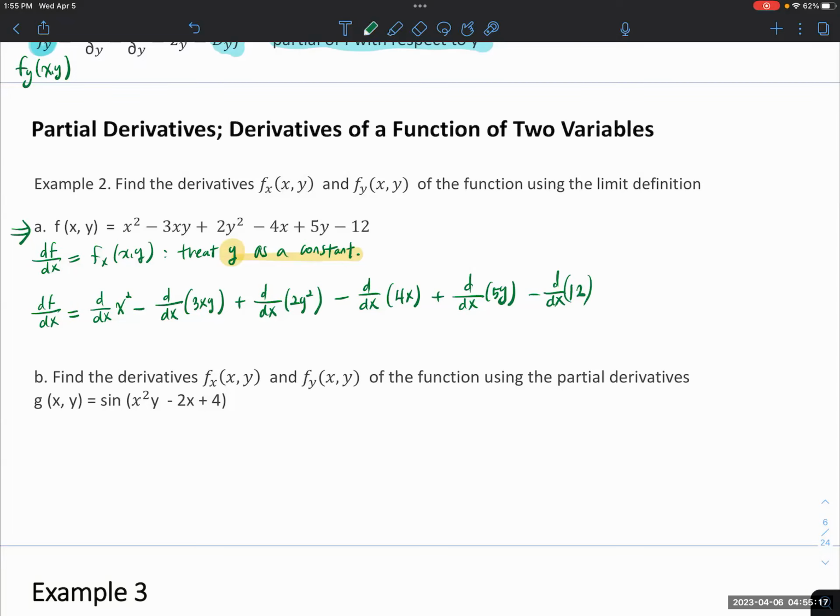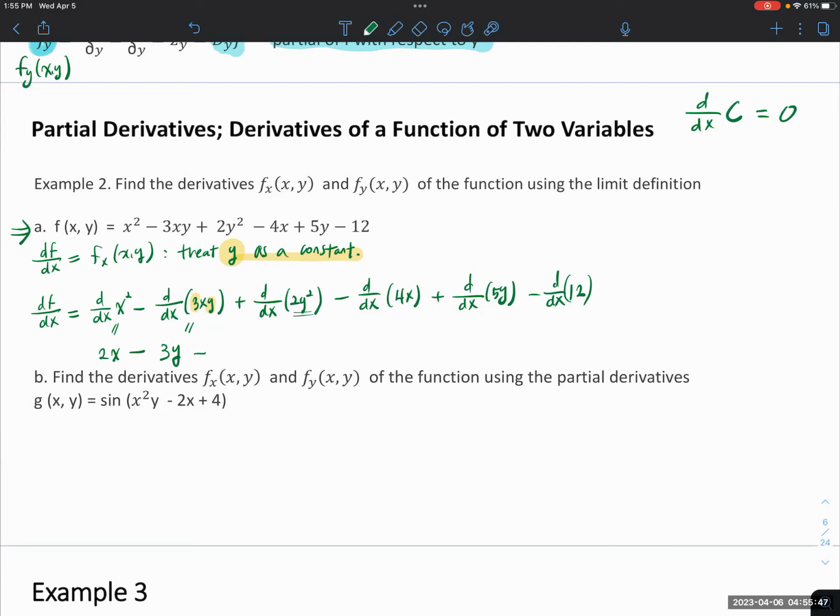So what happened? We already know the answer. This is going to be 2x. And then we only take the derivative with respect to the x variable. This one is going to be 3y, because the 3y is considered a constant, so it's going to be 3y because x becomes 1. And then this is a constant, so you cannot take the derivative. If you have d over dx of a constant, it's going to be 0, right?